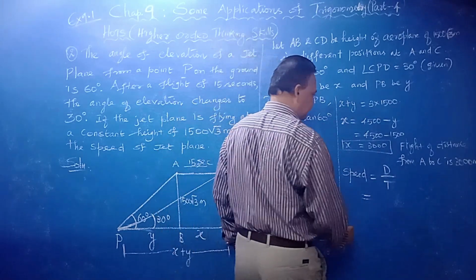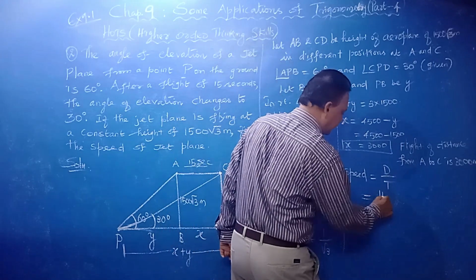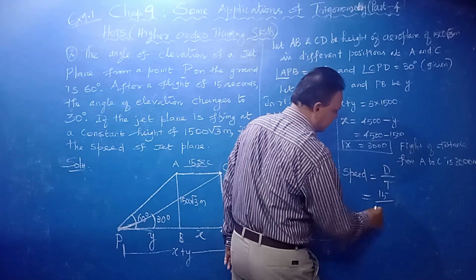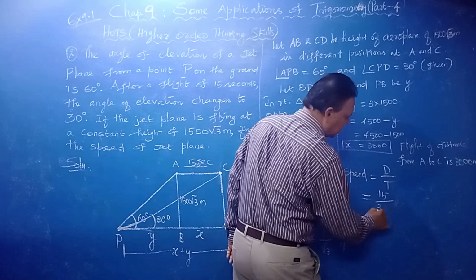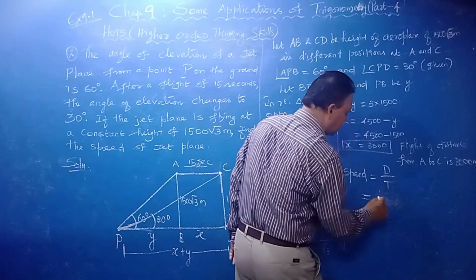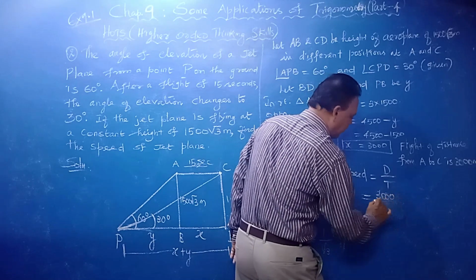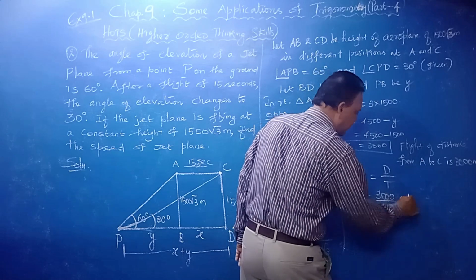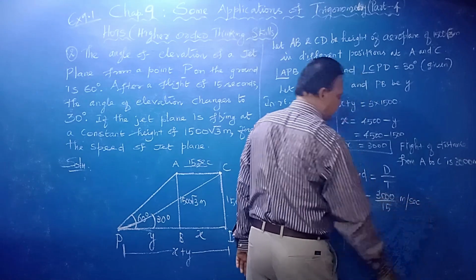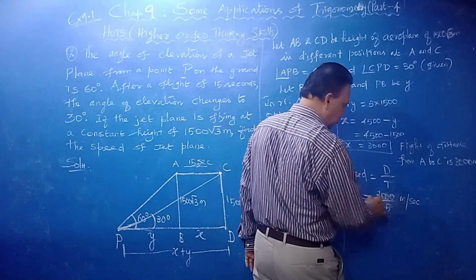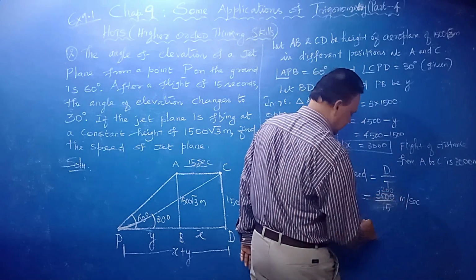The time is 15 seconds and the distance is 3000 meter. So this is meter per second. Now you simplify it here, we will get 200 meter per second.